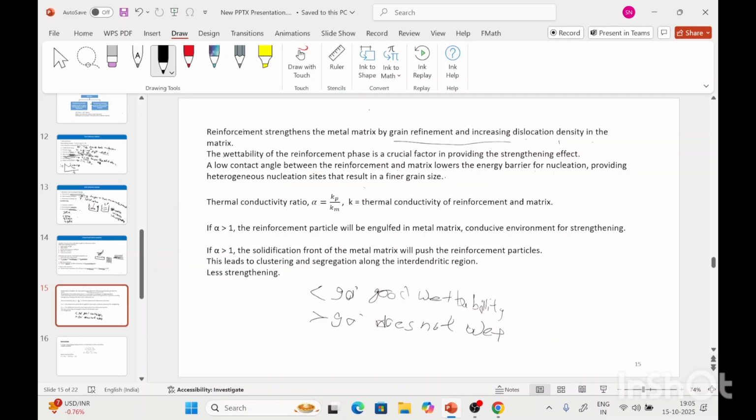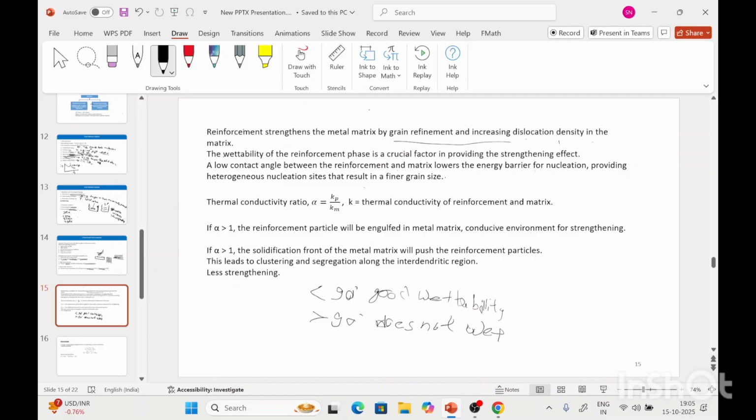So one more factor in the strengthening is the thermal conductivity ratio defined as alpha. That is the ratio of thermal conductivity of reinforcement to thermal conductivity of the metal matrix. So if this ratio is greater than 1, that means the thermal conductivity of reinforcement is higher than the metal matrix.